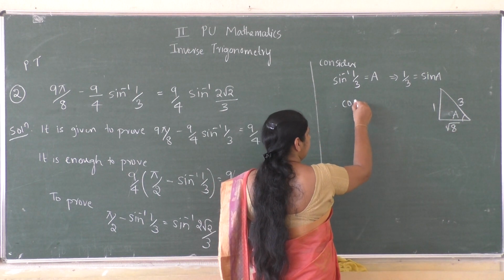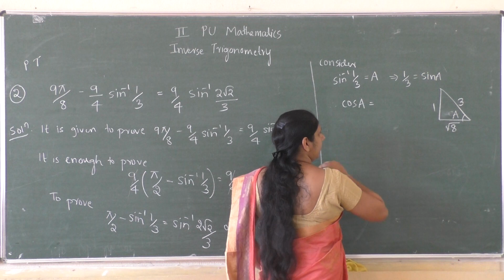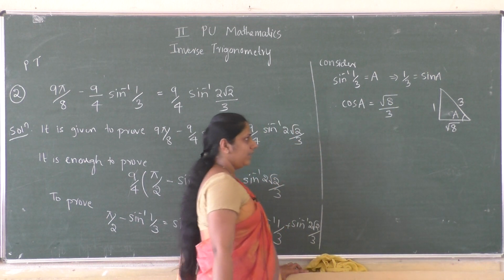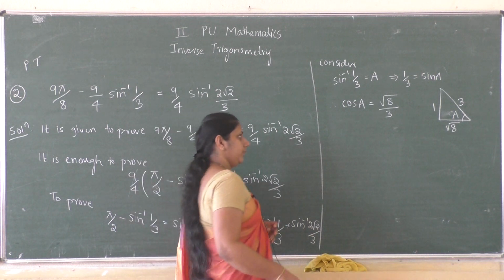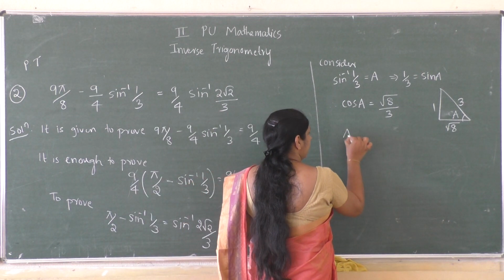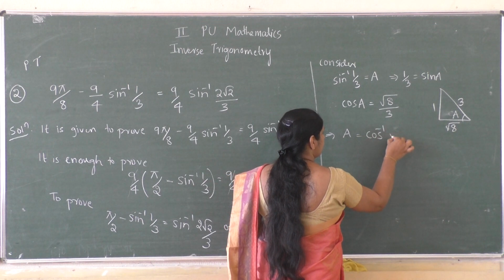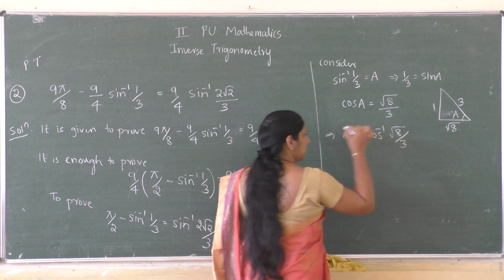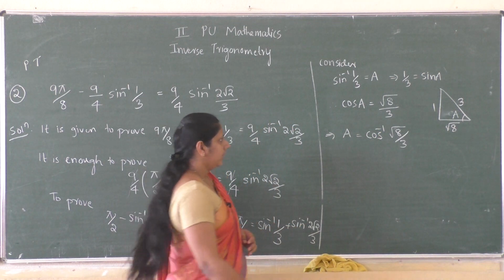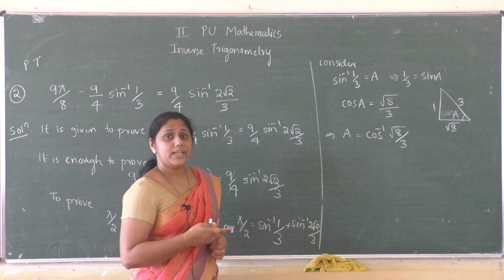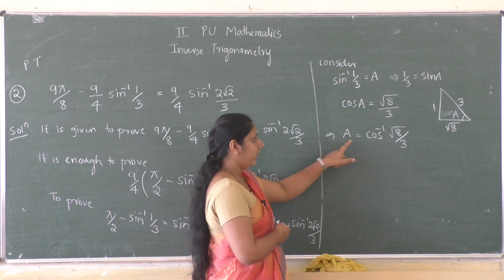Therefore from the triangle, cos A will be root 8 by 3, or A will be equal to cos inverse of root 8 by 3. But what we have considered, A equal to sin inverse 1 by 3, what we have got?